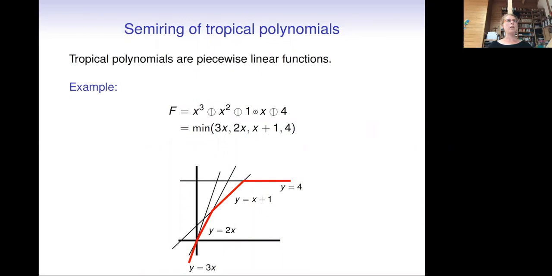Diane, there's a question in the chat whether the tropical semiring could be defined over an ordered semiring. So you want to replace R with an ordered semiring. You can definitely generalize this a lot. One thing we often want is to replace it by an arbitrary additively idempotent semiring.